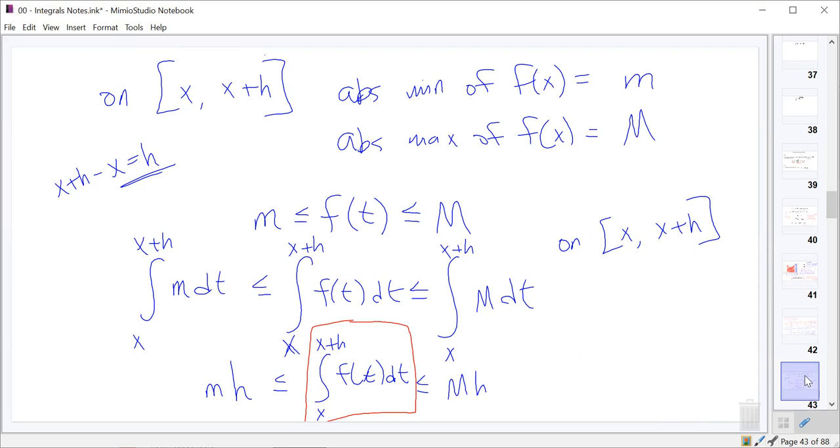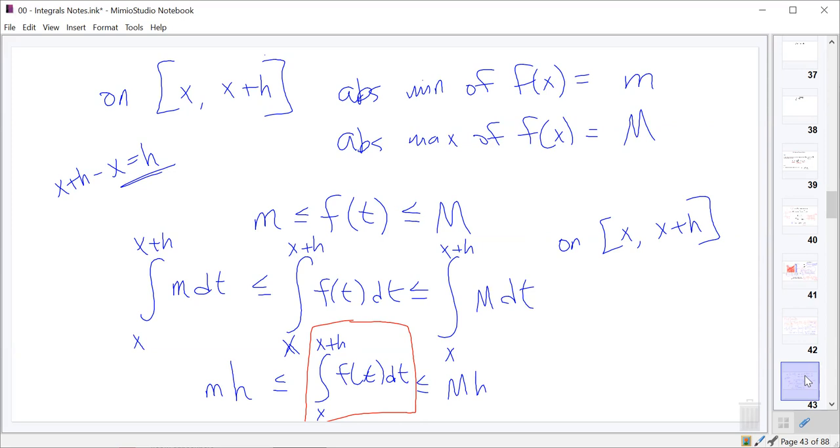Now, of course, if we were really doing this formally, we'd do it from the left and from the right, because h could be a positive number, or h could be a negative value. And in a minute, we're going to have a limit as h approaches 0. We could be approaching 0 from the right or from the left-hand side. And so we do two cases, one where h is positive and one where h is negative, and we have to flip some inequality signs, but it all works out the same.